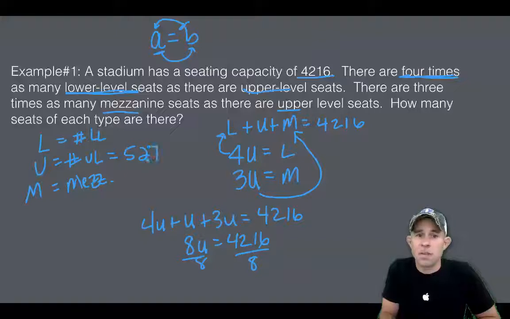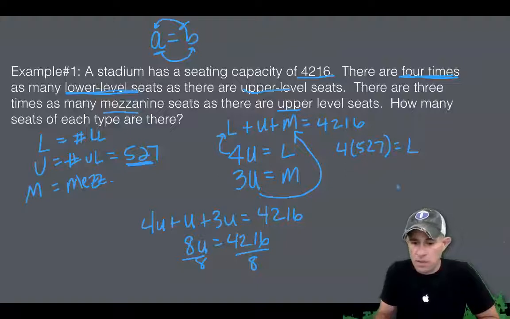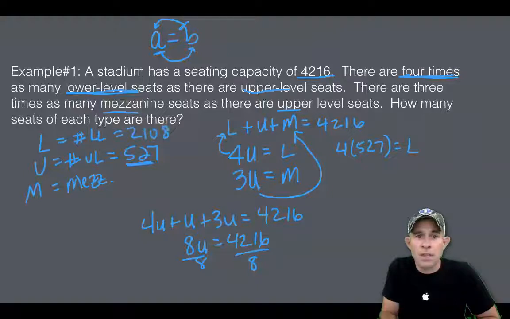Okay, now let's go back and find the number of lower level seats by substituting 527 in for U. I will get 4 times 527, which gives me the number of lower level seats, and that should come out to 2,108.